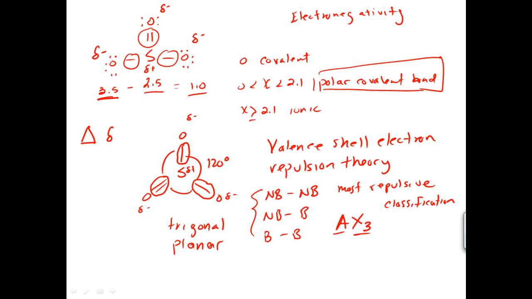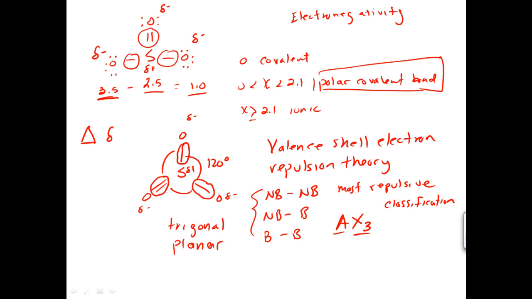So if it's AX3, the next question is, how do you keep three things as far away from each other as possible? And that is by placing them in the corners of the triangle. So that's how we determine the geometry. AX3, keep three things as far away from each other as possible, corners of the triangle.